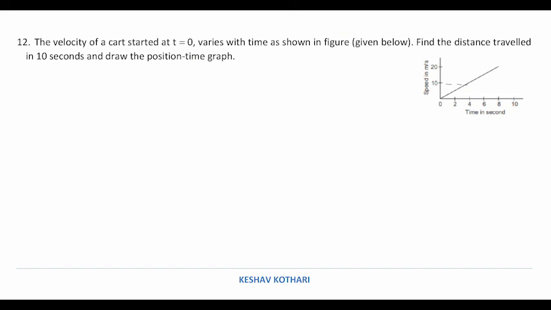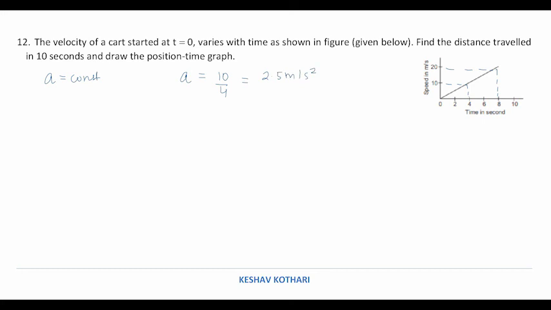It reaches a speed of 10 in 4 seconds, and a speed of 20 in 8 seconds. So the acceleration is constant for this graph, and we can calculate it as a equals 10 by 4, which equals 2.5 meter per second square.